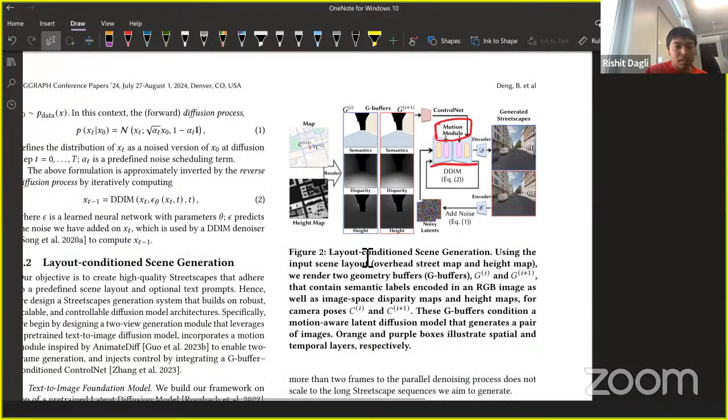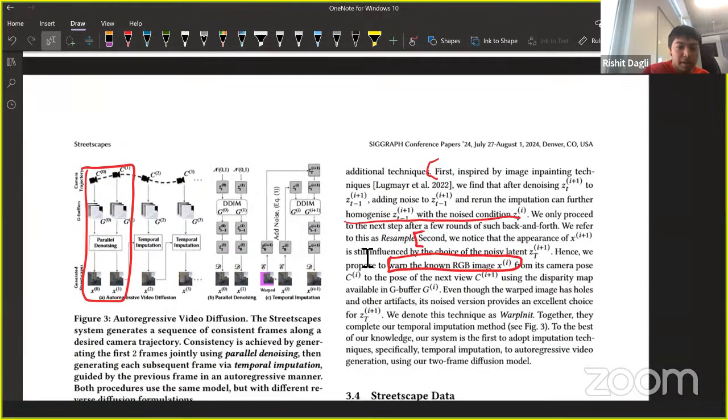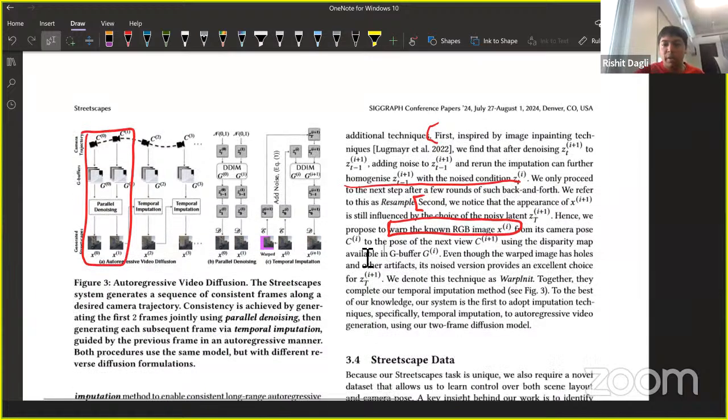So yeah, they talk a bit, where's that? Never mind. And yeah, they also do this. Then they talk a bit about how the warped image is not perfect. But I think this part has already been very well shown. A lot of papers have shown that you don't need the warping to be perfect.